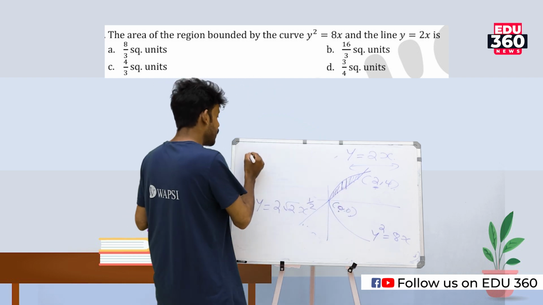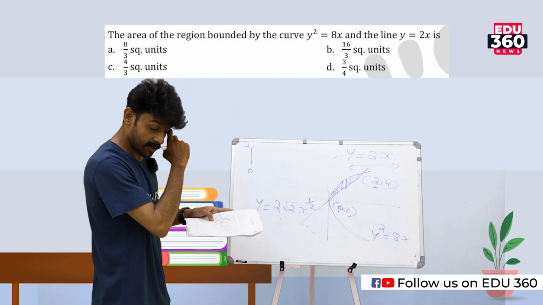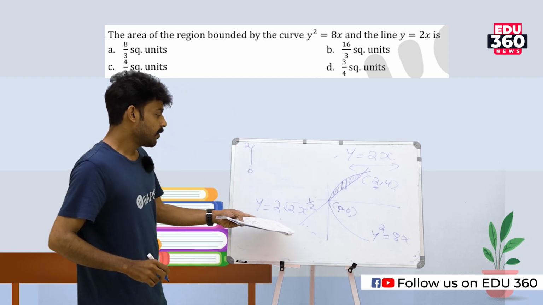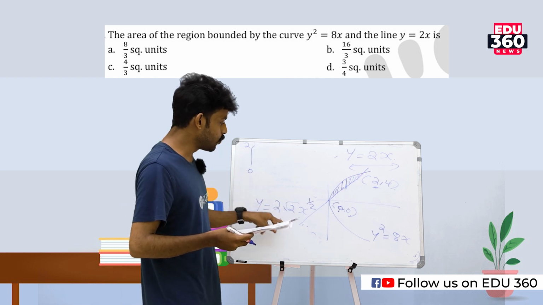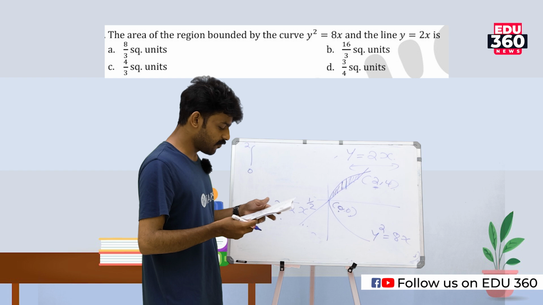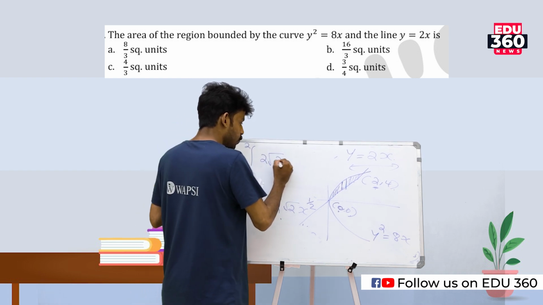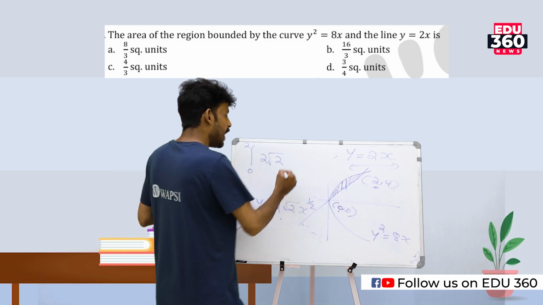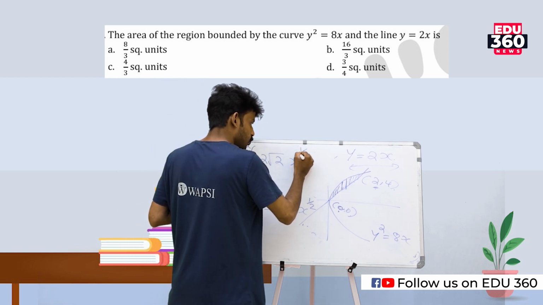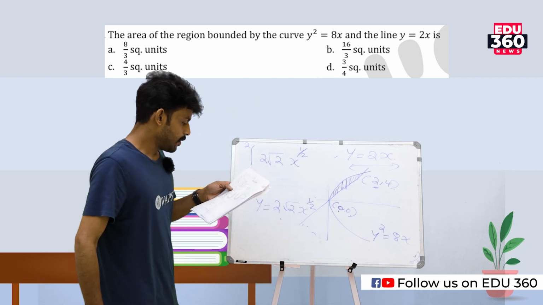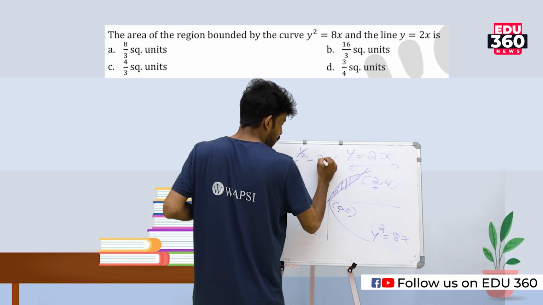Area will be equal to the integral from 0 to 2 of y dx. For the curve, we can write y is equal to 2 root 2 into x raised to 1 by 2. So just substitute here 2 root 2 x raised to 1 by 2, minus the line, where y is 2x.